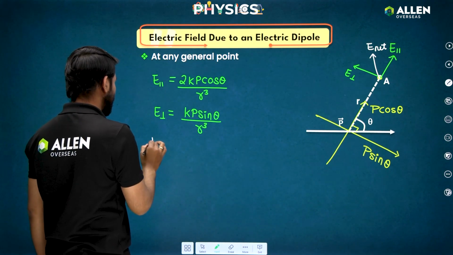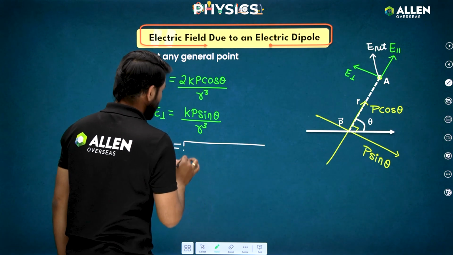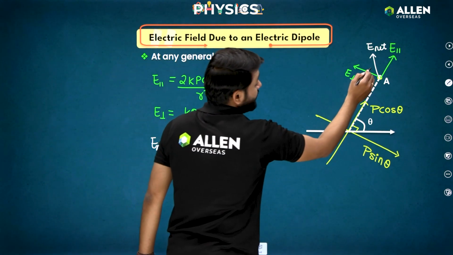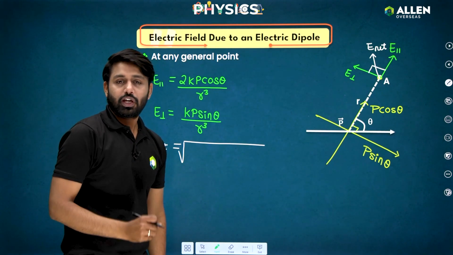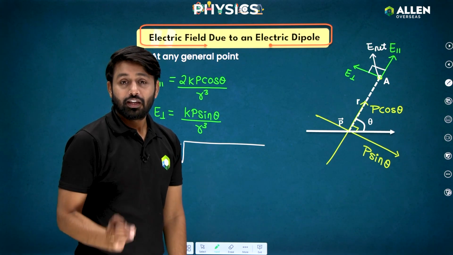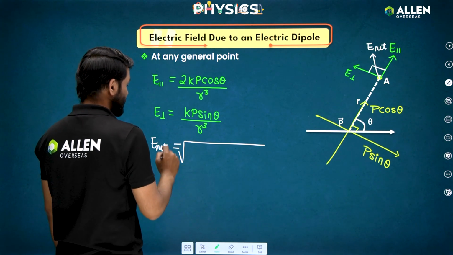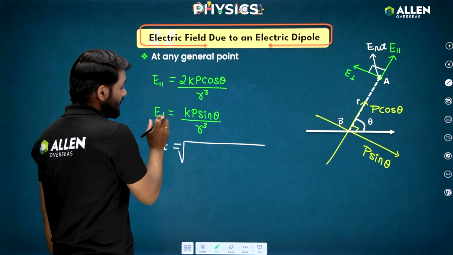So if you calculate net electric field, I think you must know how can we add two vectors. How can we find magnitude of two vectors which are at 90-degree angle, right? What is the formula? Under root a square plus b square plus 2ab cos theta. Cos 90 is 0, so under root a square plus b square, right students? So it's E parallel square plus E perpendicular square.